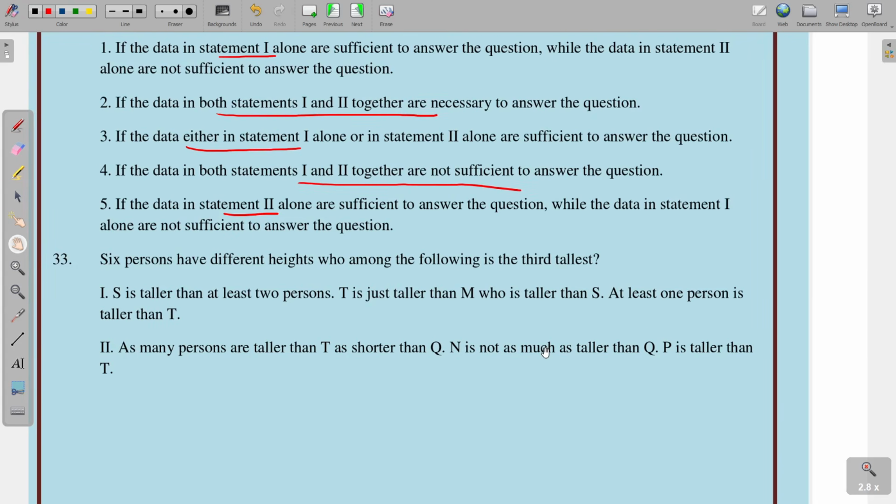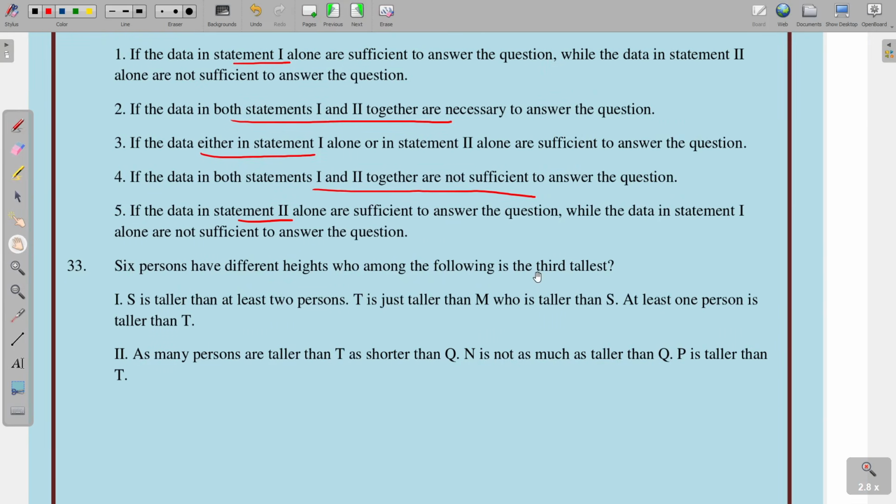See the first one, question number 33, 6 persons have different heights, who among the following is the third tallest? We need to calculate the third tallest one, so observe carefully. So total 6 persons are there. See the first statement. S is taller than at least 2 persons, T is taller than M, so T is taller than M, and next who is taller than S. Okay, suppose it is the minimum and it is the maximum.